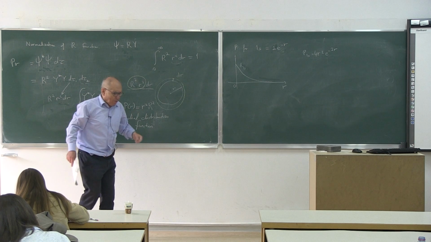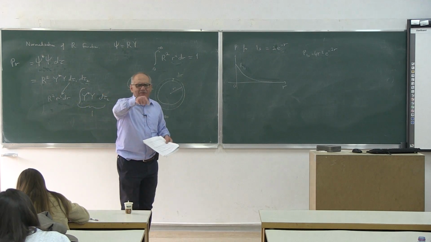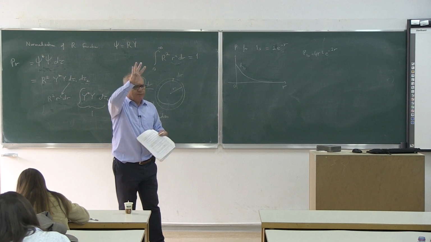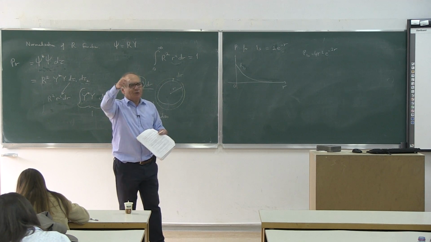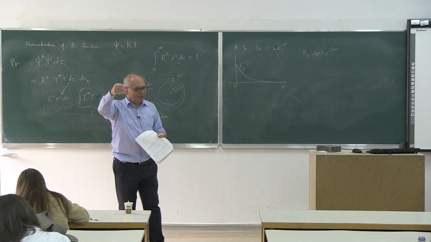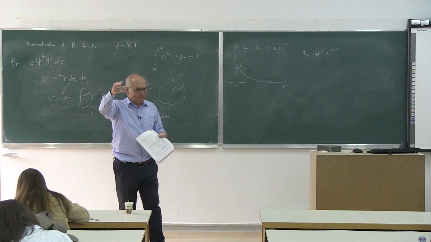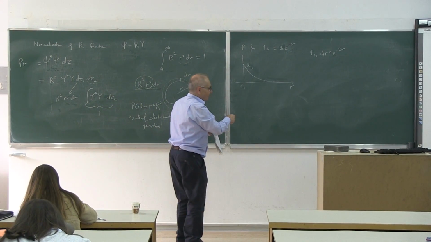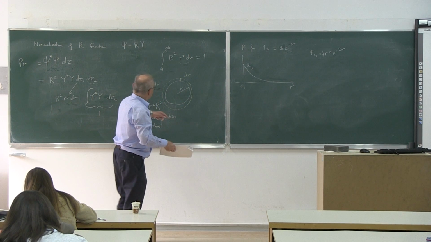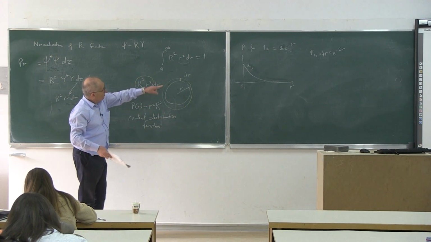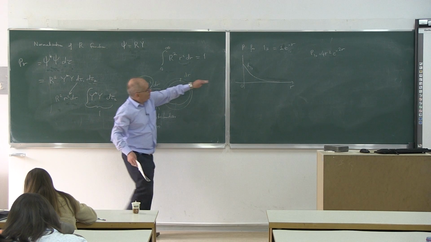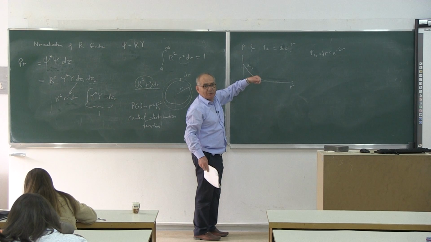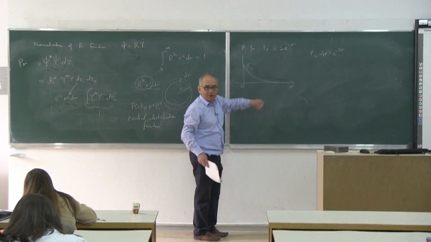Because let us say if a given R function has 4 zeros, 4 nodes, then R squared will have the same number of zeros, isn't it? For the 1s function, as you see explicitly, this function doesn't have any nodes, and therefore its square is not going to have any nodes.